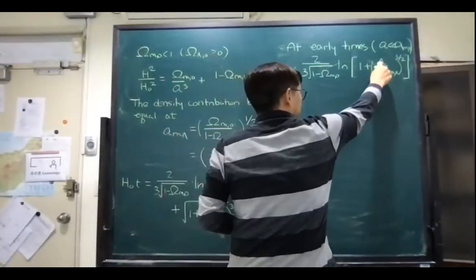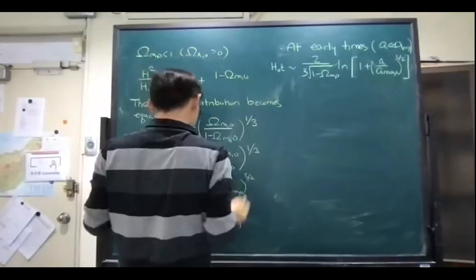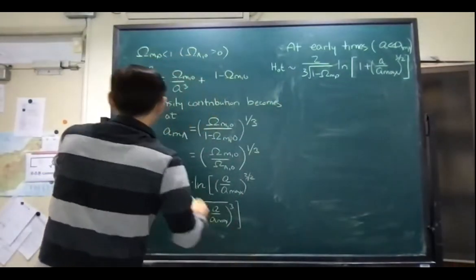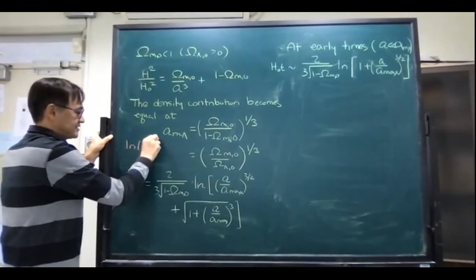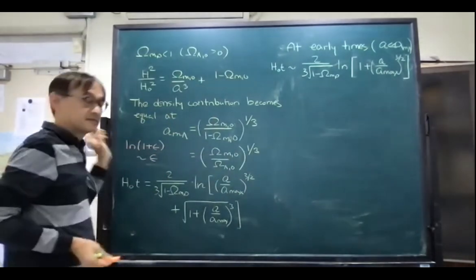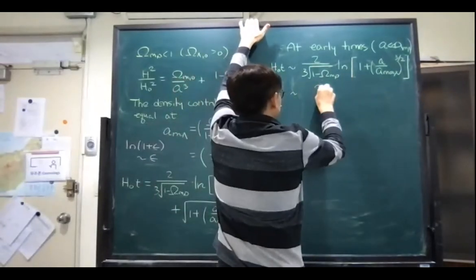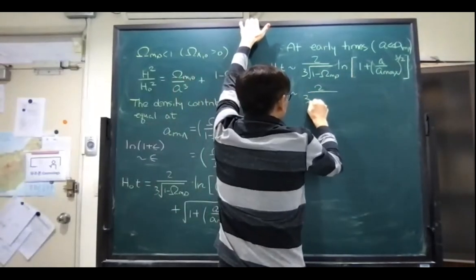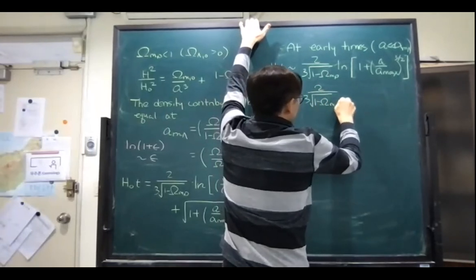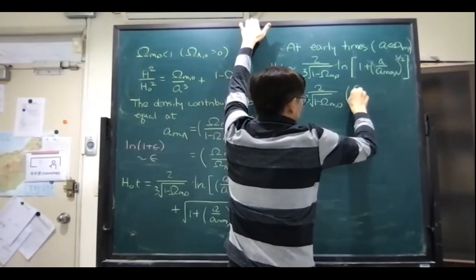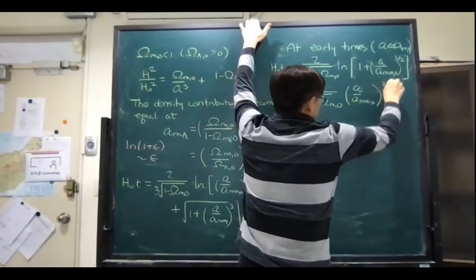When this is very small, log 1 plus epsilon is basically epsilon. So this is approximated as 2 over 3 minus omega m0 times a over a max to the power of 3 over 2.